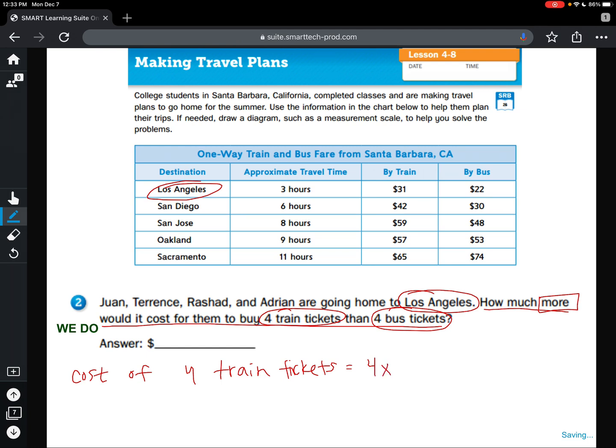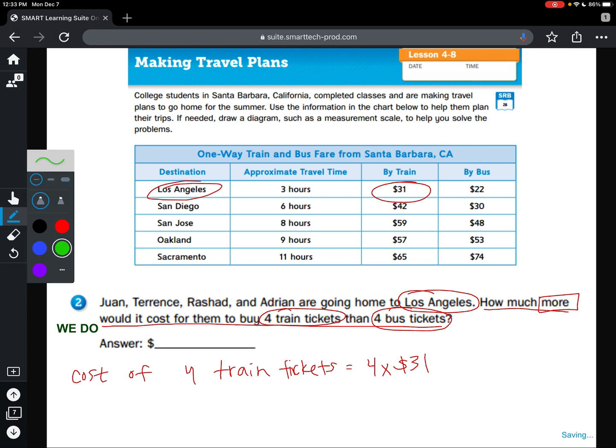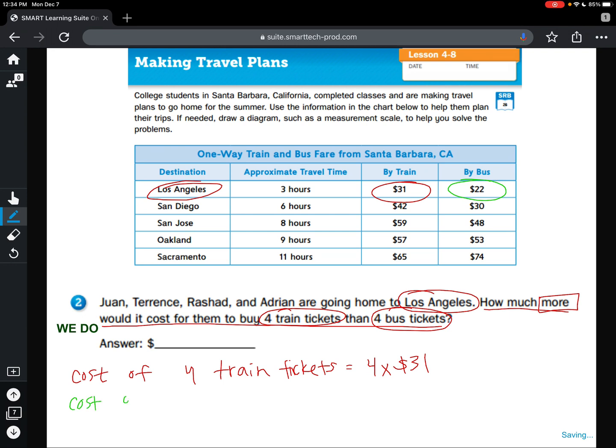So I'm going to do 4 times, how much does 1 train ticket cost? 4 times $31. Then I need to find the cost of 4 bus tickets.